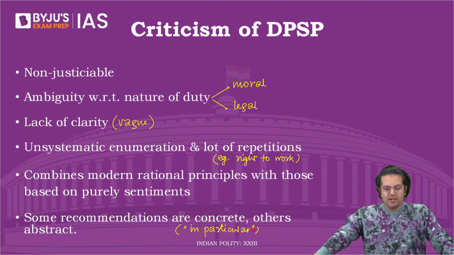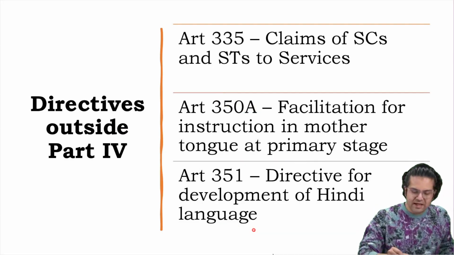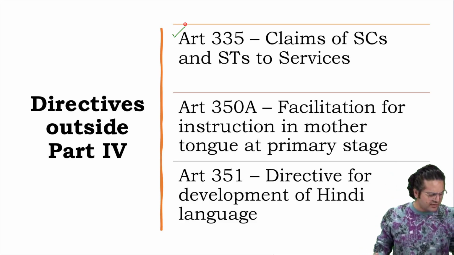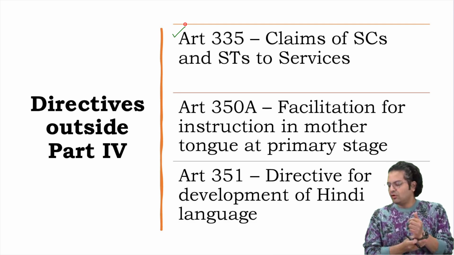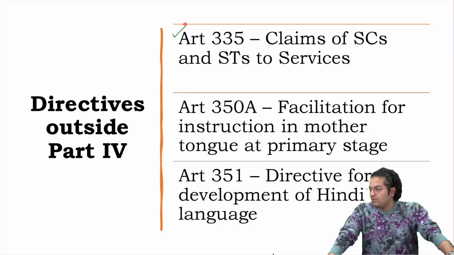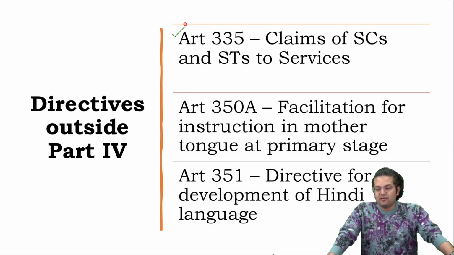We are done. Lastly, there are some directives outside Part 4 also, like Article 335. Do you remember this Article 335 by any chance? I know it's a difficult thing to expect you to remember, but while we were discussing the provisions of Article 16, Clause 4, the Indra Sawhney judgment, the court said that Article 335 and 16 Clause 4 go hand in hand. The maintenance of efficiency of administration is very important, right?